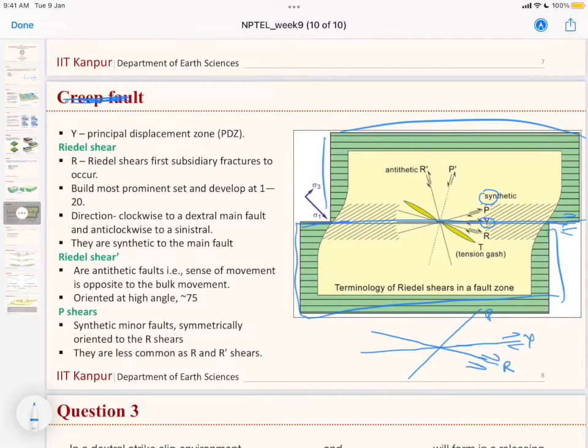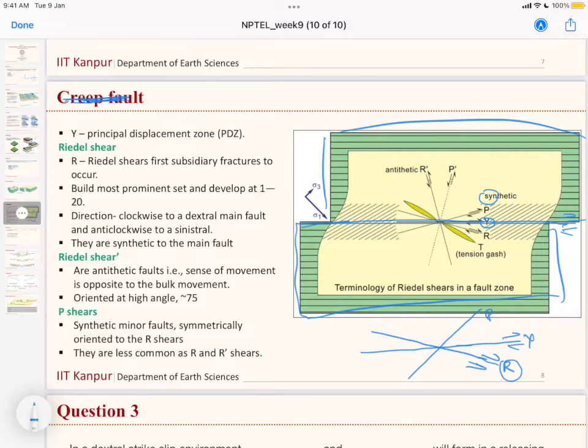So far we have Y, that is the principal displacement zone or direction, and R is the radial shear fracture, which is the first subsidiary fracture to this main displacement. And why are these fractures happening? Because shear stress is accumulating, and once shear stress accumulates, it's obvious that fractures will create to accommodate that extra stress.